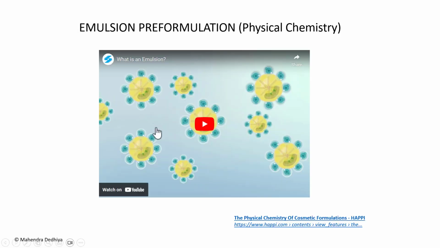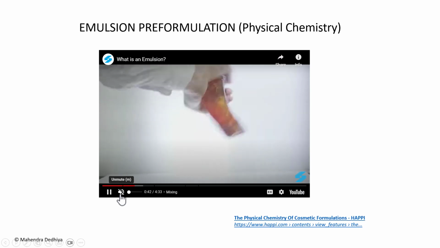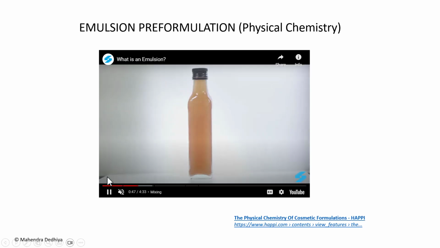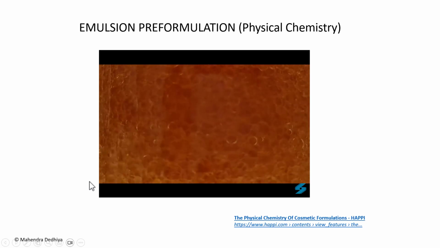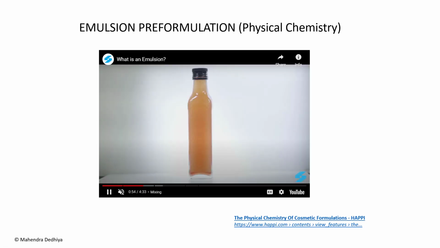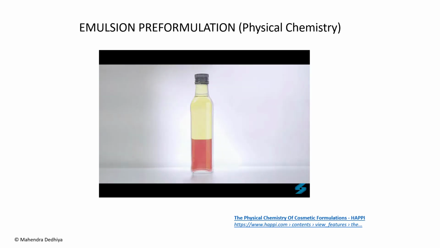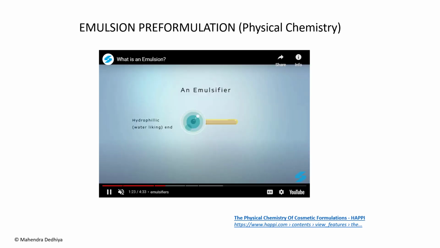Now let's refresh what is an emulsion. Oil and water do not mix. If you try to mix them, they will form an emulsion, that is globules, and these globules will separate. In order to stabilize it, we need to add an emulsifier.